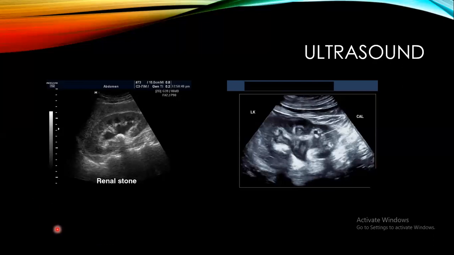So this probe has the ability to emit sonic waves, and also the ability to receive them. So the transducer has two functions: يولد الموجات الصوتية بنفس الوقت يستقبل صدى الموجات الصوتية.